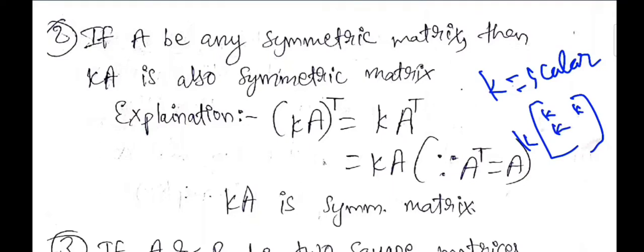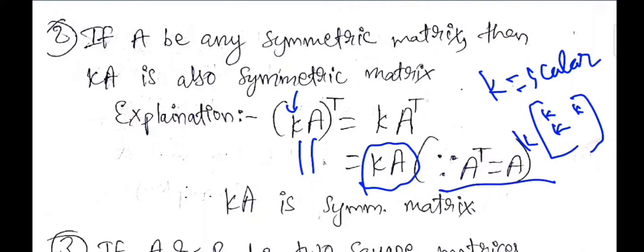K times matrix A simply means all the elements of matrix A are multiplied by k. And when you take its transpose, it will clearly be k times A, as A transpose is equal to A.